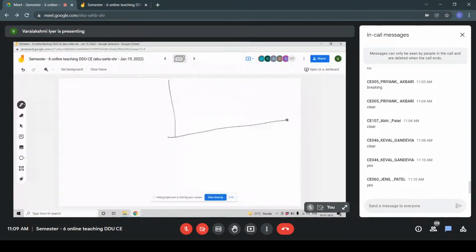So for example, if you have a regression problem like this, where this is the number of hours and this is the marks that you are estimating, this is the form of data set that you have.